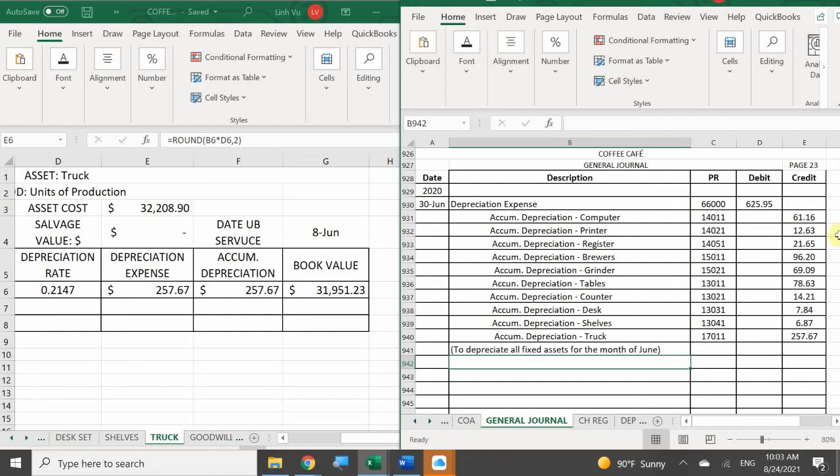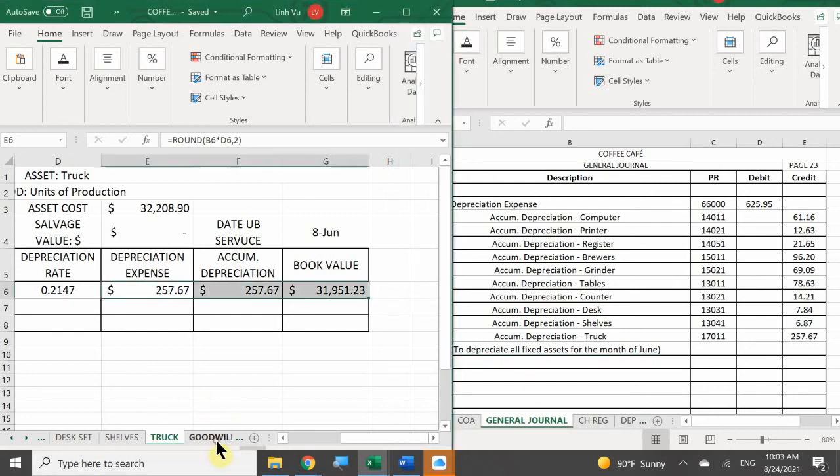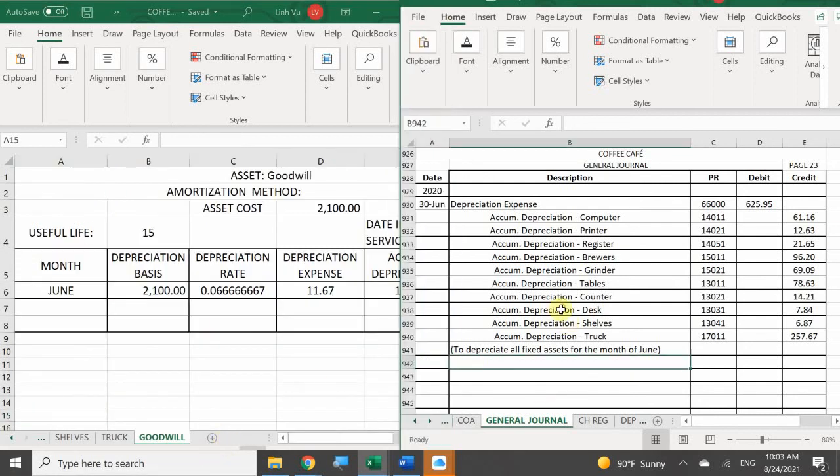Go ahead and journalize the amortization expense for the goodwill. Since we're already here, it's in the same table. We are going to treat it exactly the same as depreciation expense, except we're going to change the word to amortization expense.